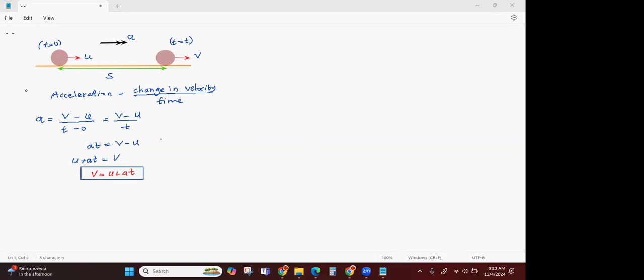When an object travels with a constant acceleration, its displacement we can find by considering the average velocity multiplied by time.